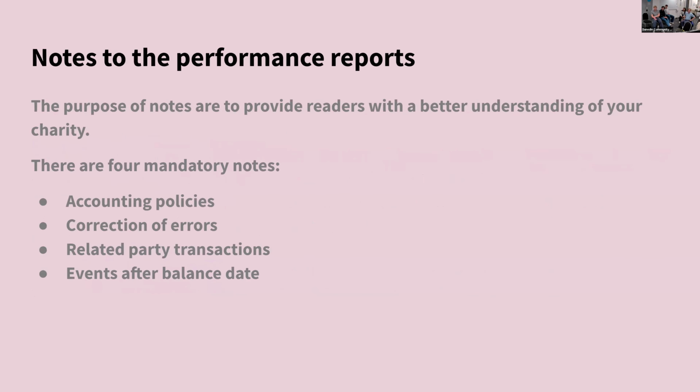There we go. And it wasn't a recommendation, it's a requirement. To include the accounting policies, correction of errors, related party transactions, and events after the balance date. So those are the 4 categories you have to include, and you can include others.